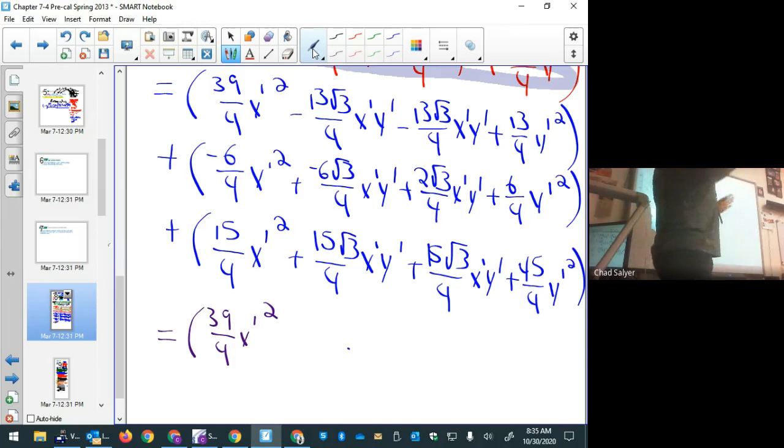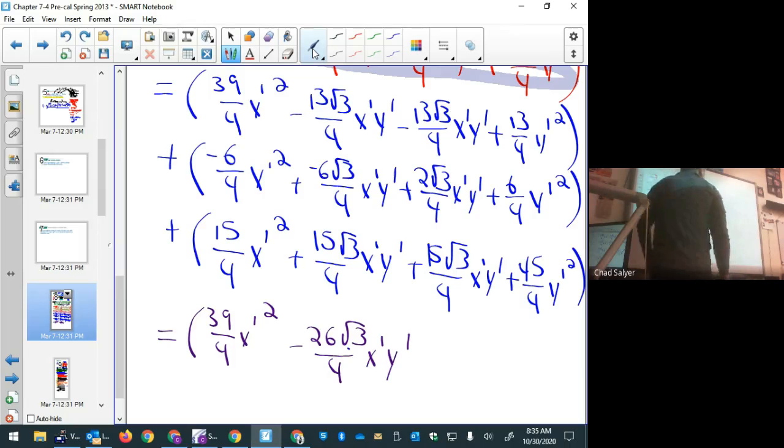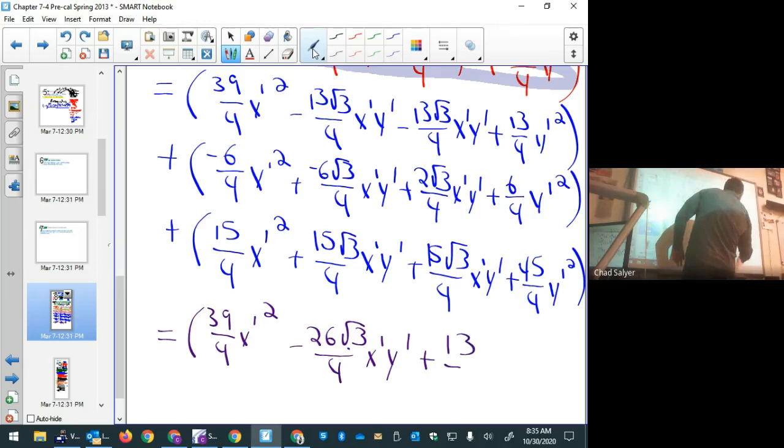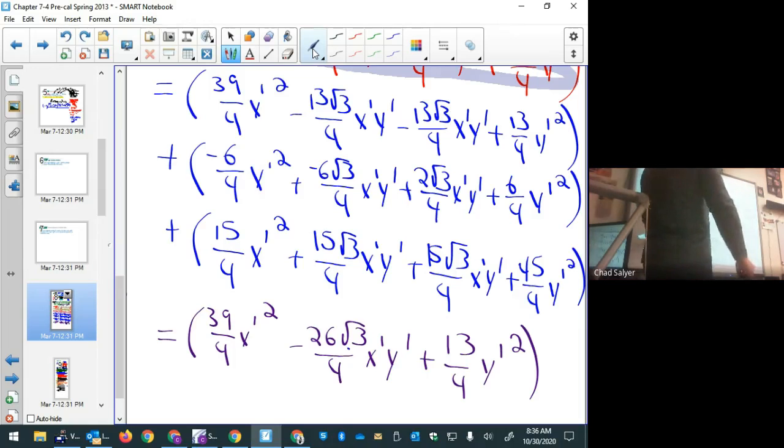That's minus, and I'm going to leave it over 4 for a reason. We could make it 13 over 2, but I'm leaving it over 4 because later on we're going to need common denominators anyway. Just going to save us a step later. You wonder why I'm not fully simplifying here. So this is minus 26 on the square root of 3 over 4 X prime Y prime, and then plus 13 over 4 Y prime squared.